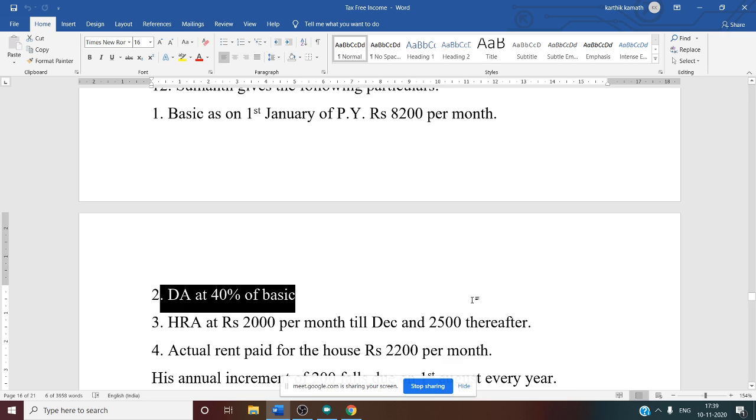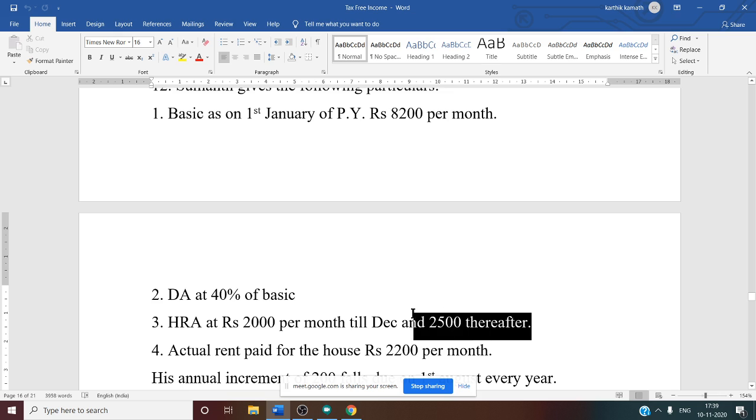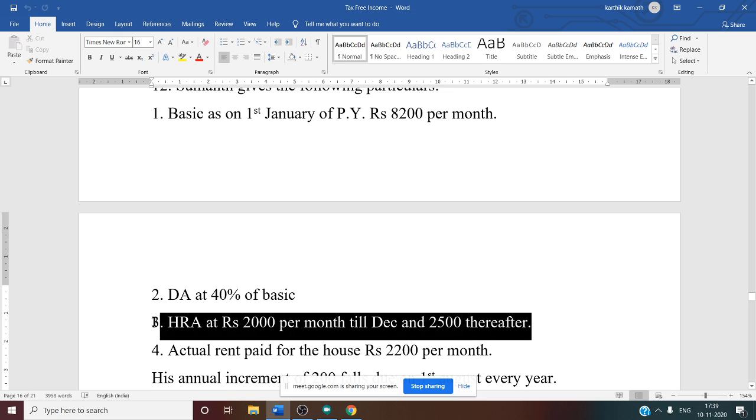Then the third one, if you see, house rent allowance at 2,000 per month till December and 2,500 thereafter. So this means from April to December he is receiving 2,000. After this, January to March he is receiving 2,500.